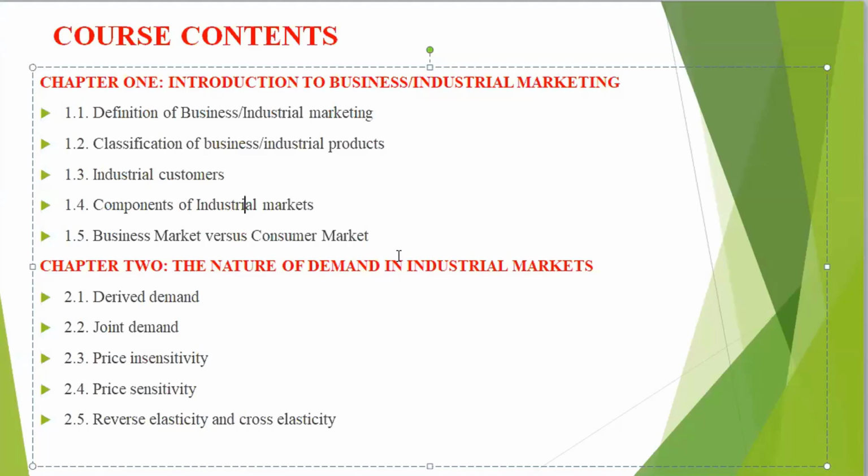Since your income remains, but the product price increases. If you want to increase the quantity, you need additional income, but your income remains constant. So the only option is decreasing the quantity you were purchasing at a price of 100 birr. In this case, this type of product is price sensitive.